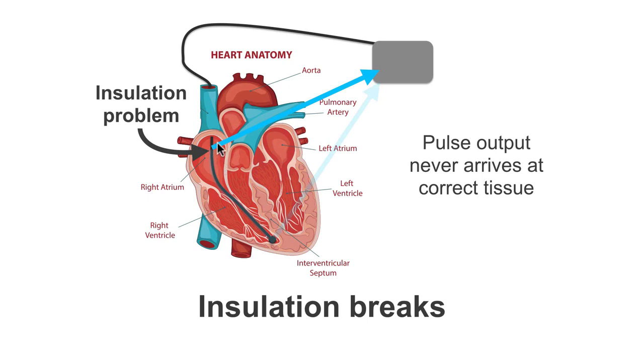If we have an insulation break, the electrical signal sees an opportunity to take a shortcut. It will leave the circuit at the point of the insulation break and travel back to the other electrode. Again, when this occurs, the pulse output never arrives at the correct tissue, and so in this instance we would probably get failure to capture.